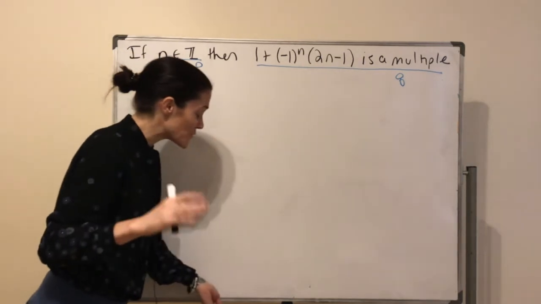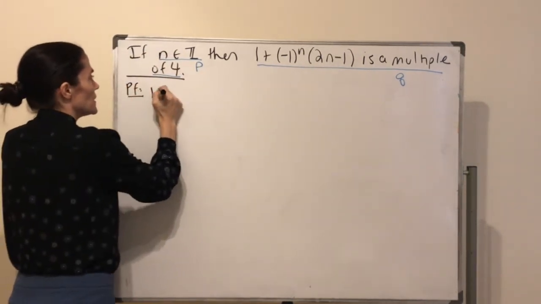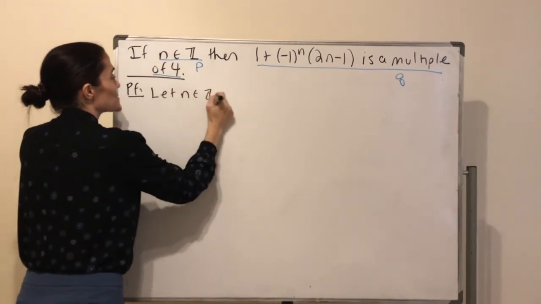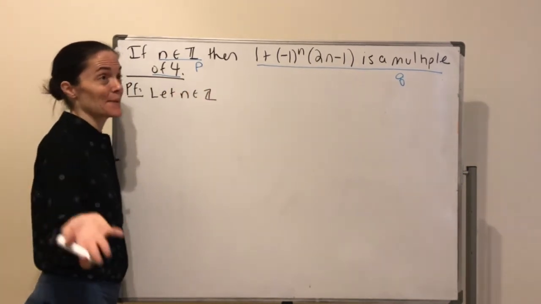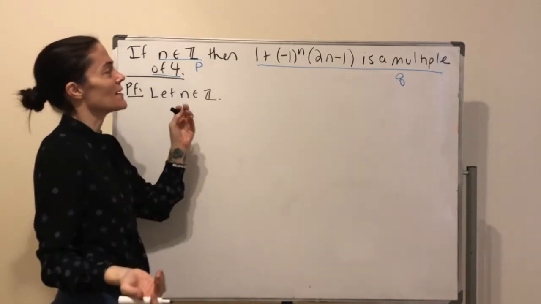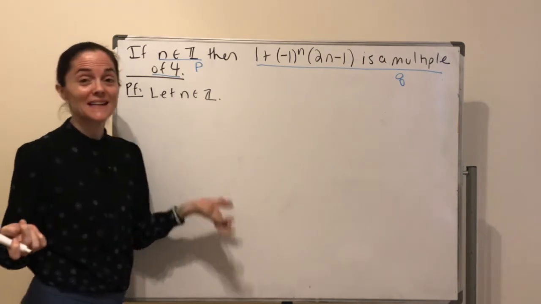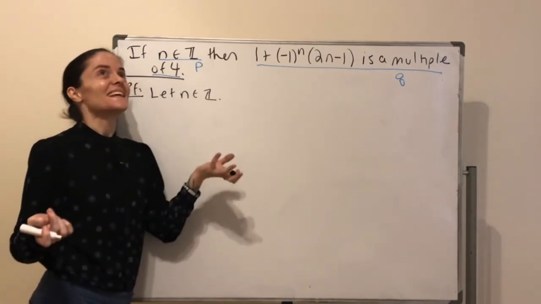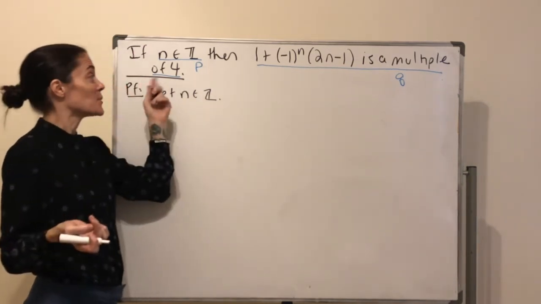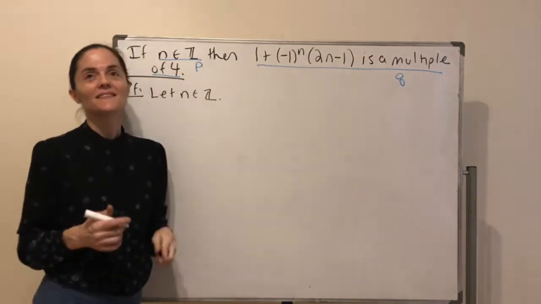If you try to just begin, let n in Z, and this was the only assumption I have in my statement P. Okay, well, how are you going to get your hands on 1 plus (minus 1) to the n times (2n minus 1)? I want to show that it is a multiple of 4, or equivalently that 4 divides this.